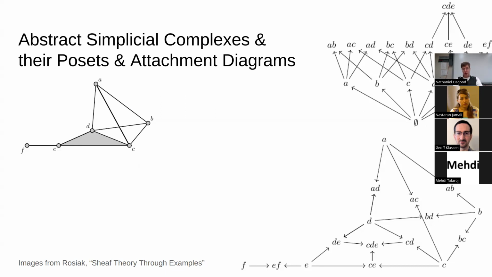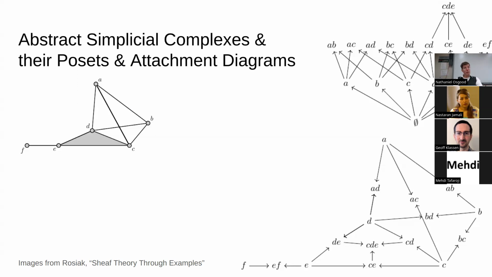Here the layout of this just happens to be better for this. Same information. So we're taking E itself for the star of E: E itself, CE, DE, EF, and CDE. Do you see what we're doing? We're kind of going up in this diagram.